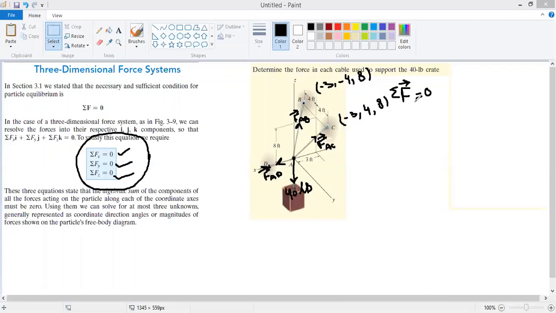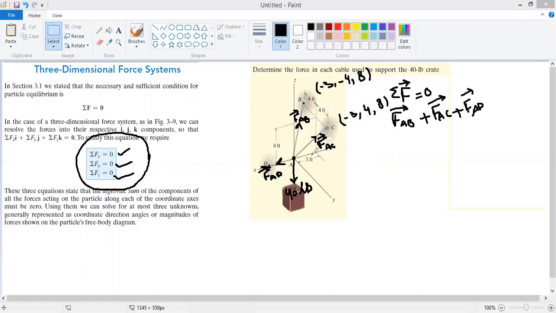So once we write summation of all forces equal to zero, it means FAB plus, this is one force, and we have FAC, and FAD, so plus vector FAD, and we have this 40-pound force.